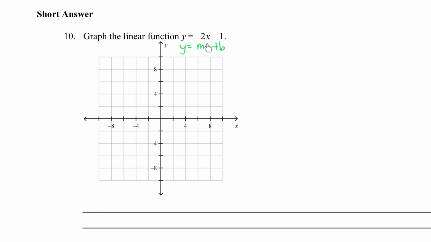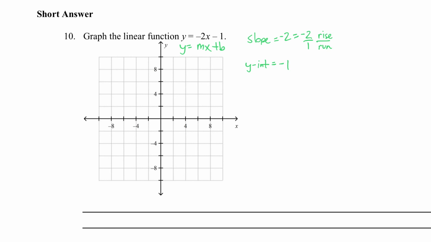We won't need to use the x, but we will be using this. So the slope is -2, which is -2 over 1, and that tells me that the rise is -2 and the run is 1. I'll be using that, but I also have to see what the y-intercept is equal to, -1.